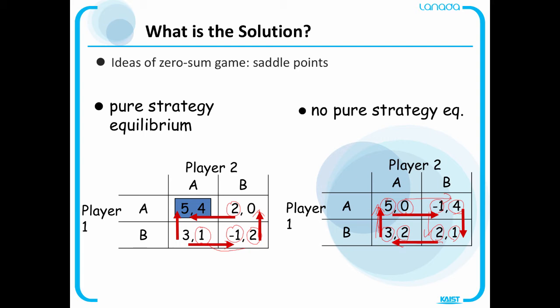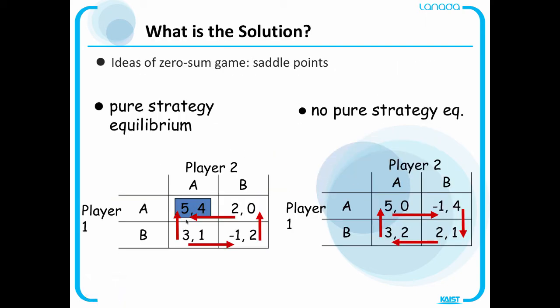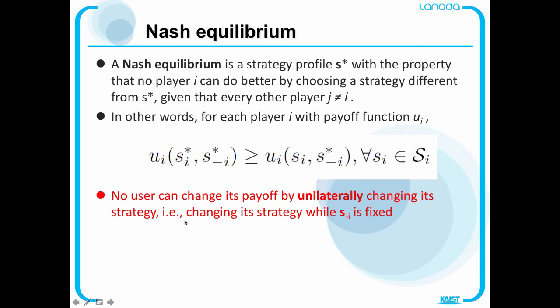But anyway, if there exists a point something like this, then somehow we need to formally define that. So that's John Nash's contribution. For the general game, he thought about how we can generalize this concept and tried to mathematically describe the solution concept, and that's the Nash equilibrium, right?